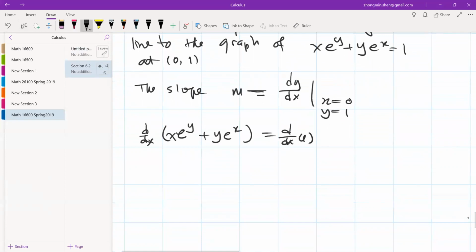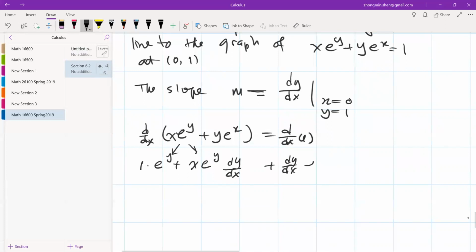Each term right now is a product of two functions, so you have to apply the product rule. The derivative of x with respect to x is going to be 1. You copy the second term, then you copy the first term and the derivative of e to the y with respect to x, which you have to write like this, as a general derivative.